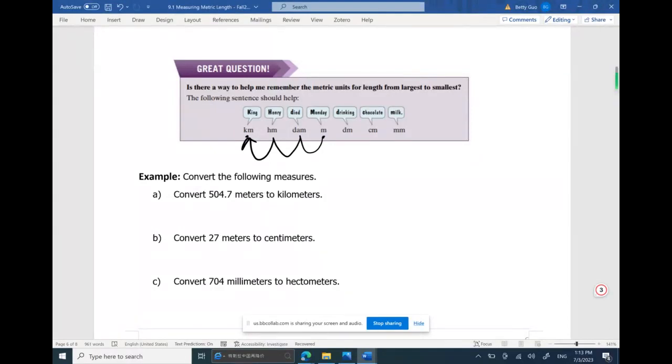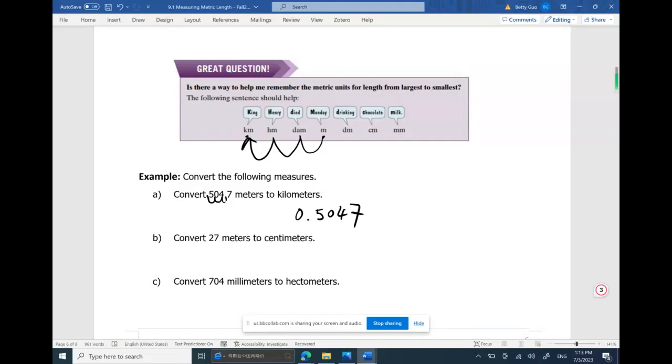All we need to do is move the decimal point in 504.7 to the left 3 times. 1, 2, 3. So we get 0.5047 kilometers.